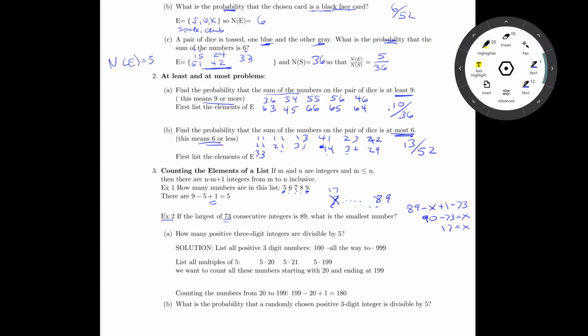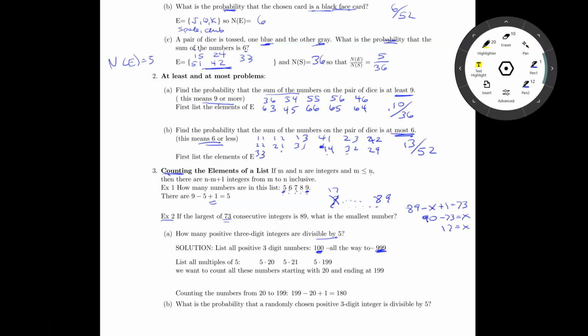All right, so starting on counting. Probability is one thing, then counting, we're going to do much more in the realm of counting. So how many positive 3-digit integers are divisible by 5? Okay, so positive 3-digit integers. We're starting at 100 and we're going all the way to 999.